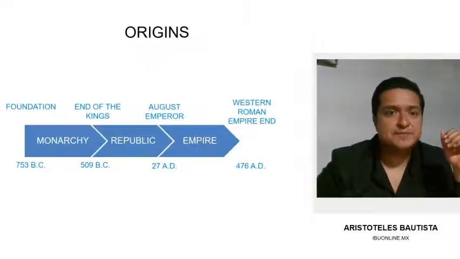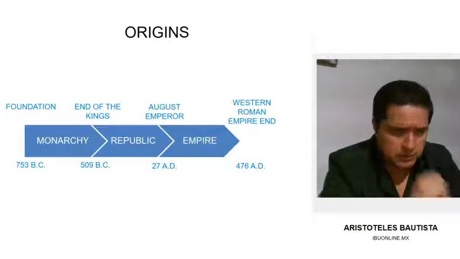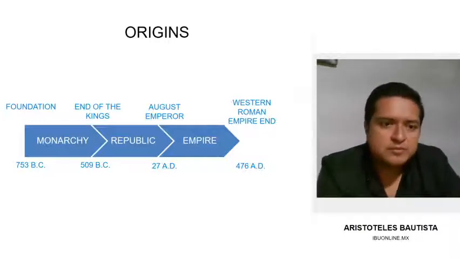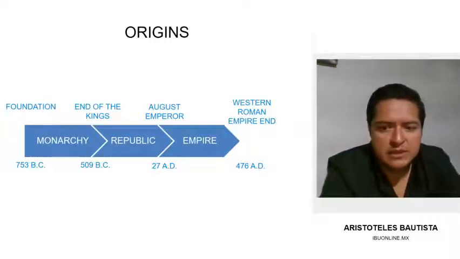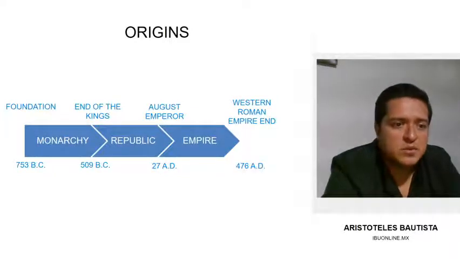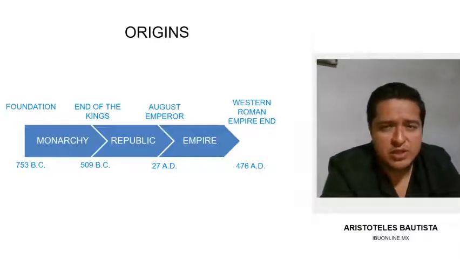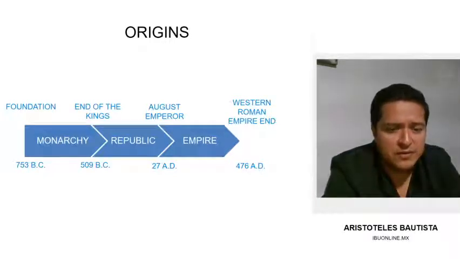let's get started. What about the periods in the Roman Empire? There are three types of divisions. The first one was the monarchy, which starts in 753 before Christ.